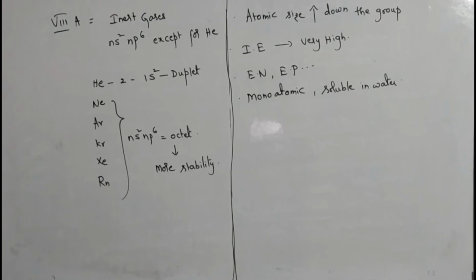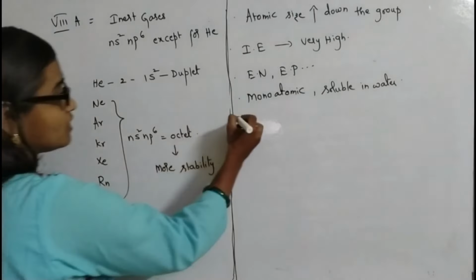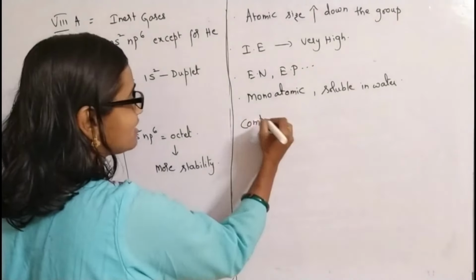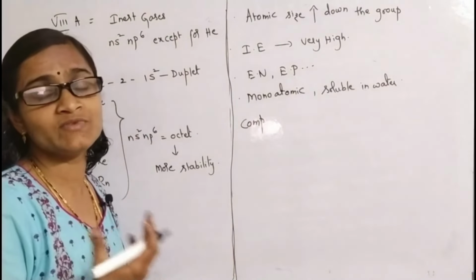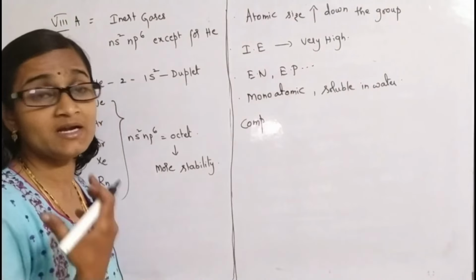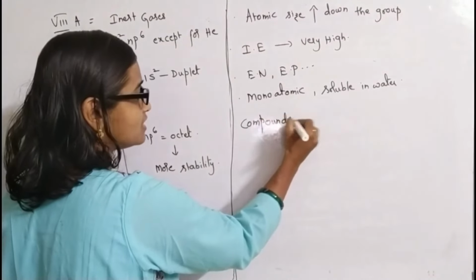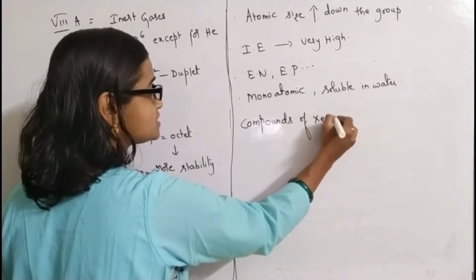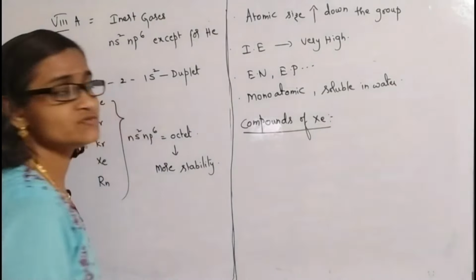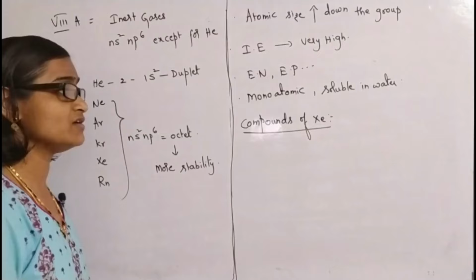Then we have to go for xenon fluorine compounds, compounds of xenon. This is a very important point. For inert gases we don't have much information, but you will have to focus on compounds of xenon; that will be highly enough for you.